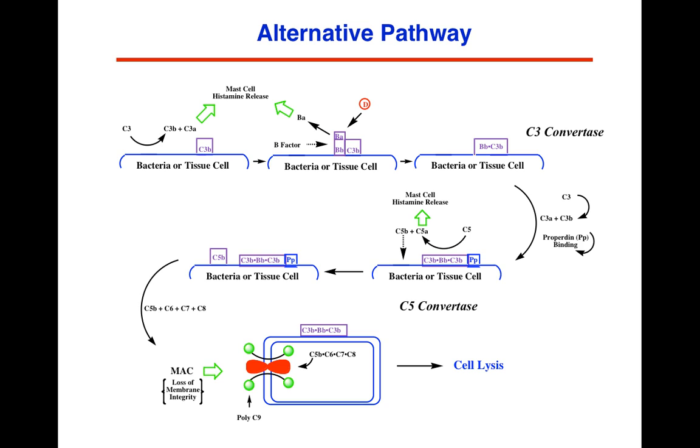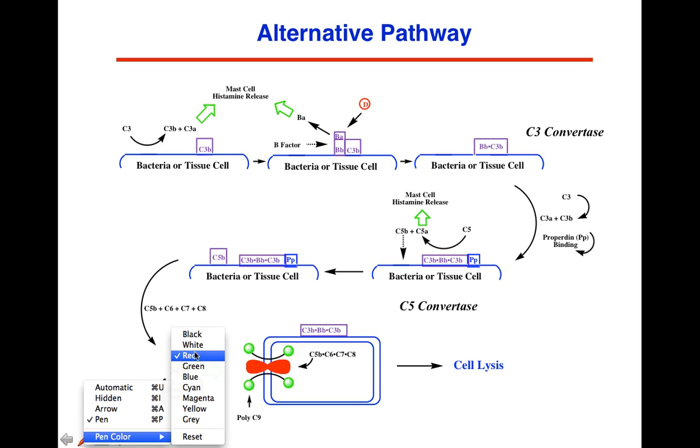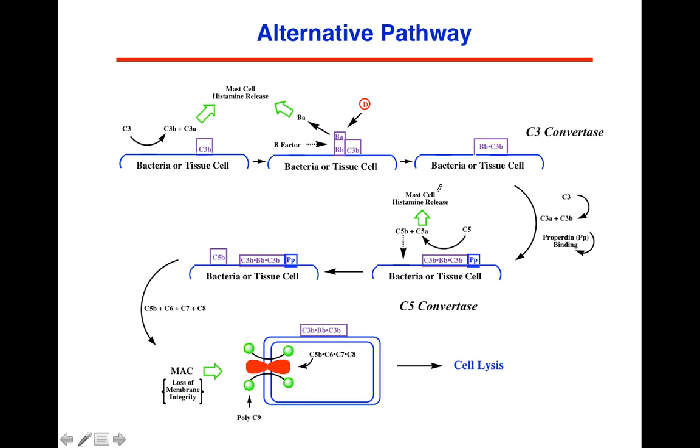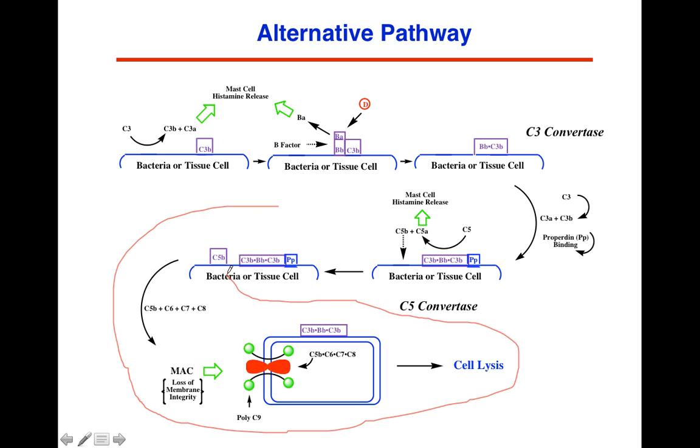So here's this one sketched out, and you can see here again that the things that are the same between the classical and the alternate pathway are those things from C5 onward.